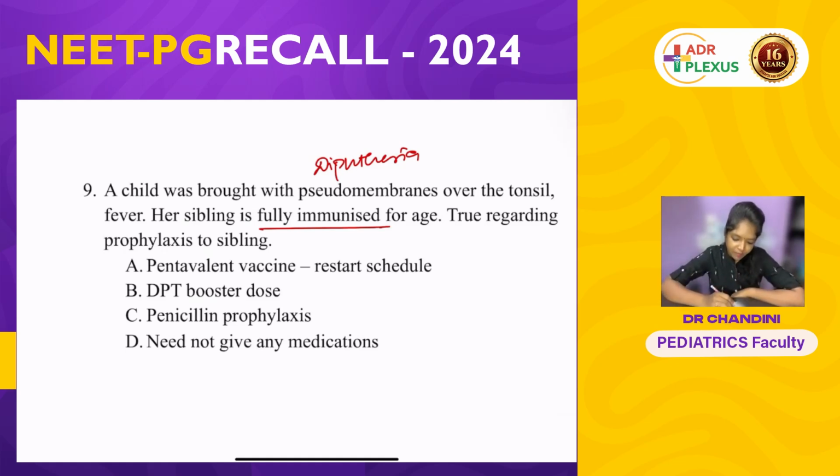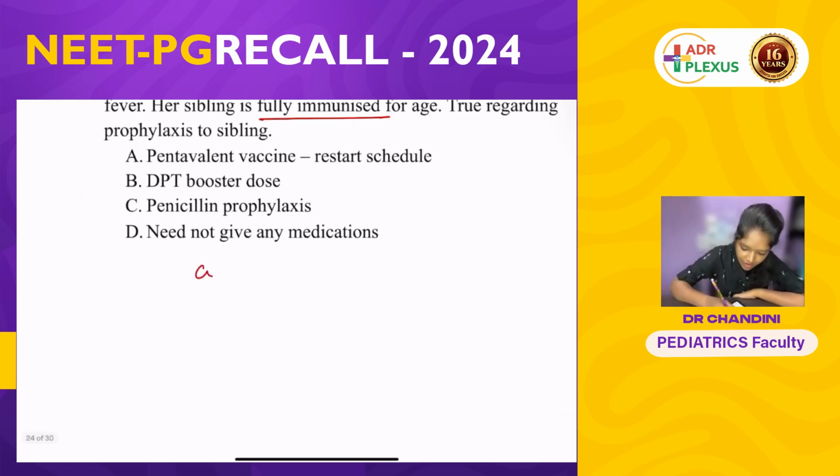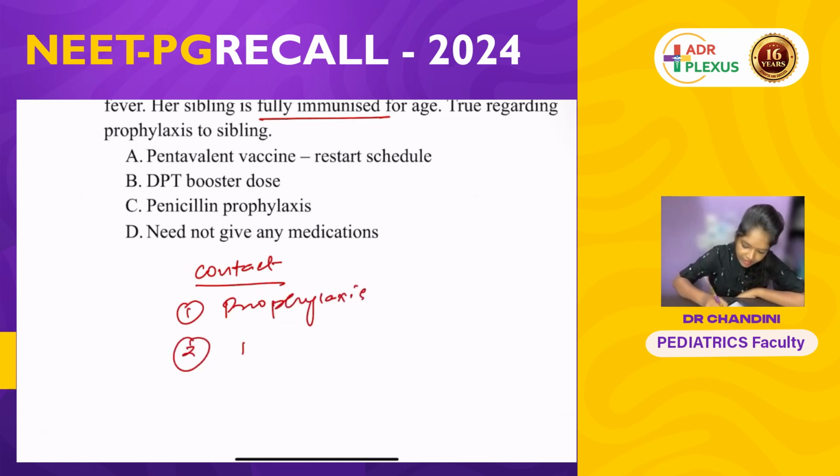So the options given were pentavalent vaccine, you have to restart the schedule, DPT booster dose, penicillin prophylaxis, need not give any medications. See, when you have a sibling or a contact of diphtheria, you're going to give prophylaxis and you're going to give booster doses, and diphtheria toxoid. What prophylaxis?